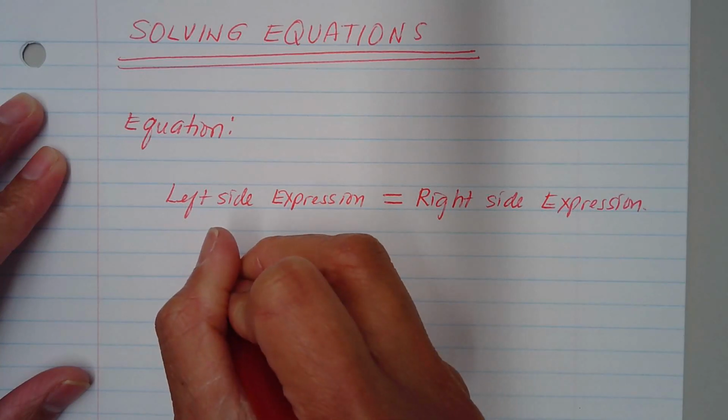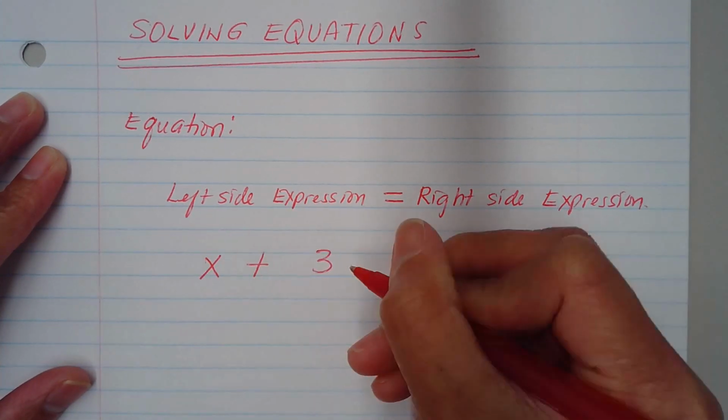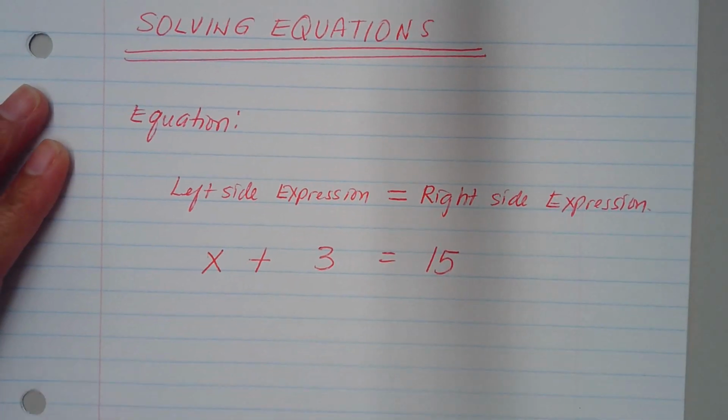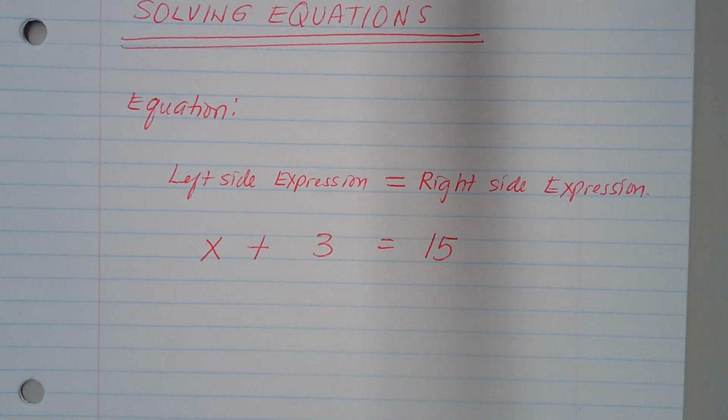Let's see. I'll give you a specific example. Here's a specific example: x plus 3 is equal to 15. So we have an expression on the left, which is x plus 3, and on the right side you have a 15.